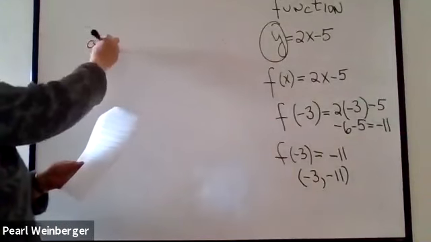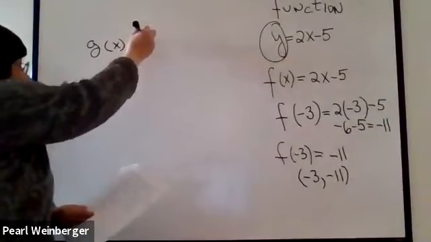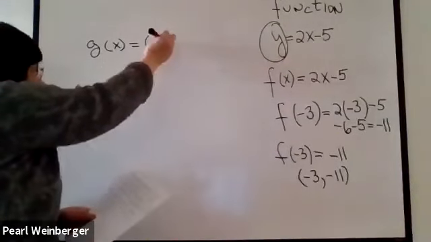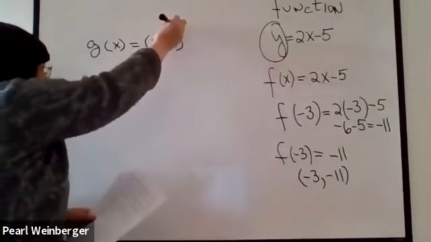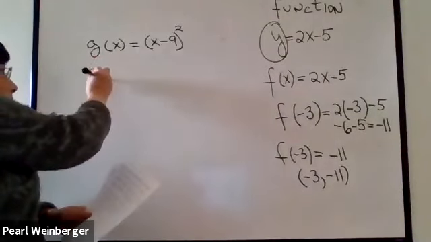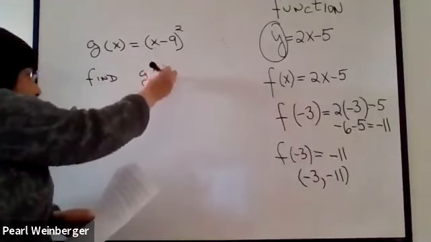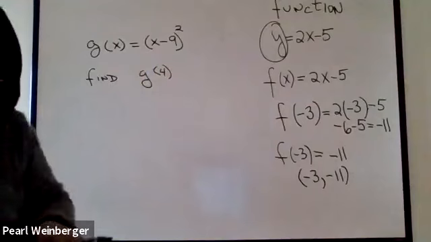G of x, supposedly, is equal to x minus 9 squared. Find g of 4. Let's see if everybody could do that.